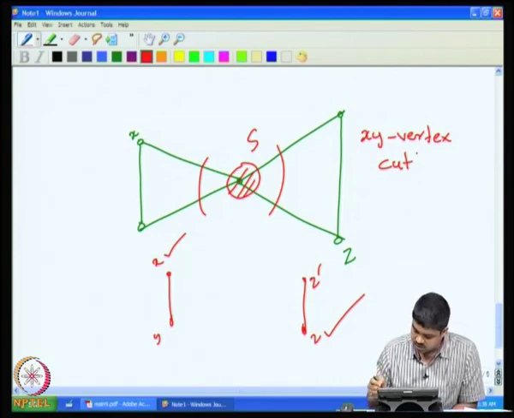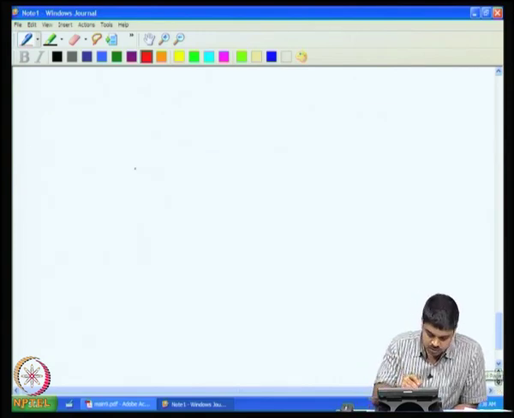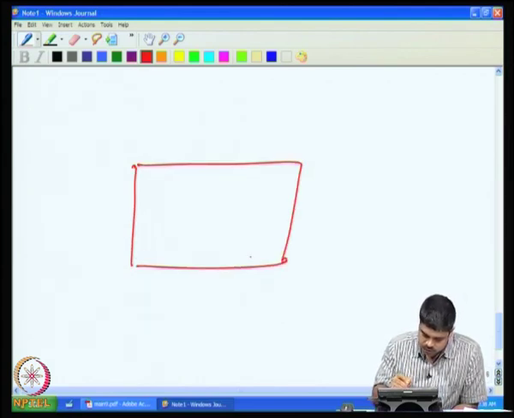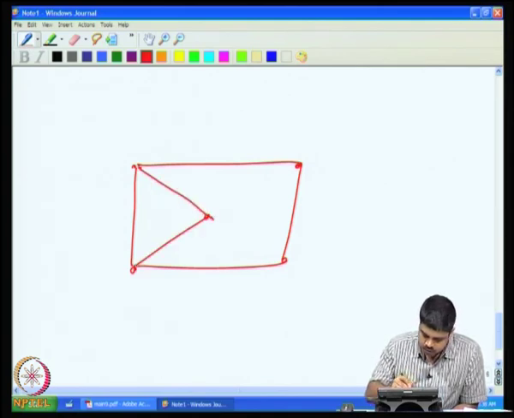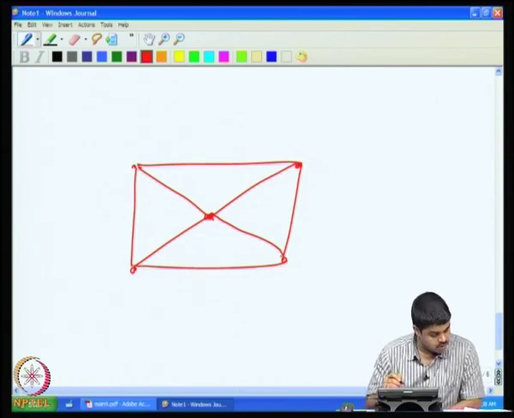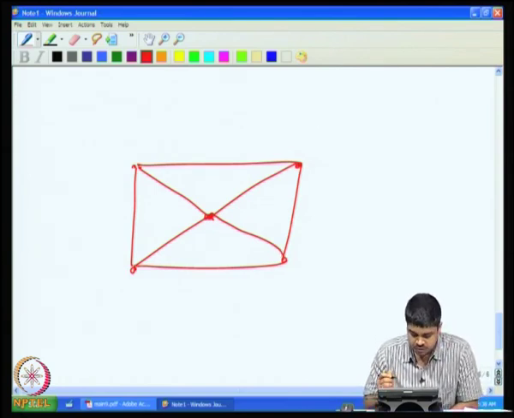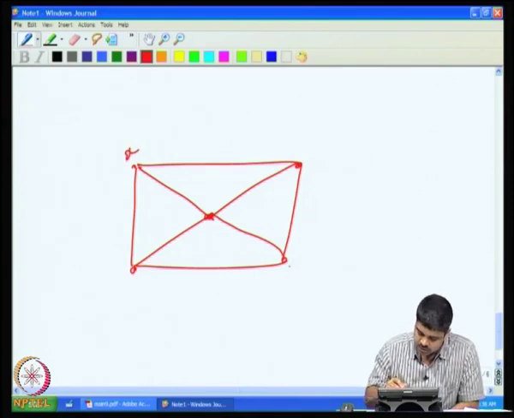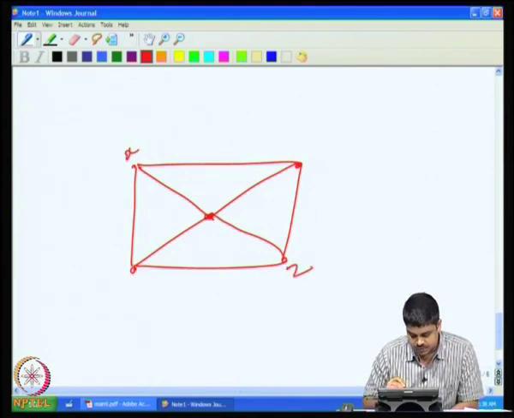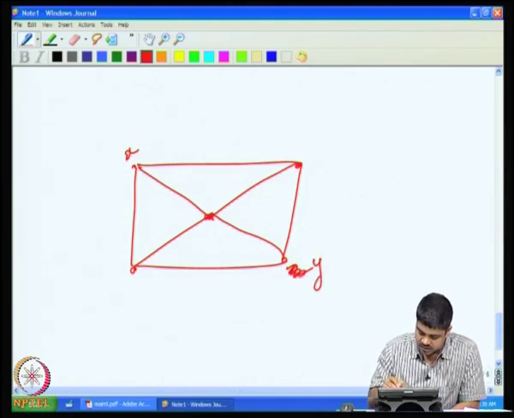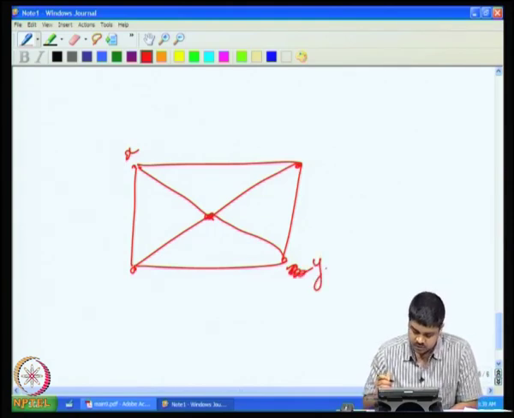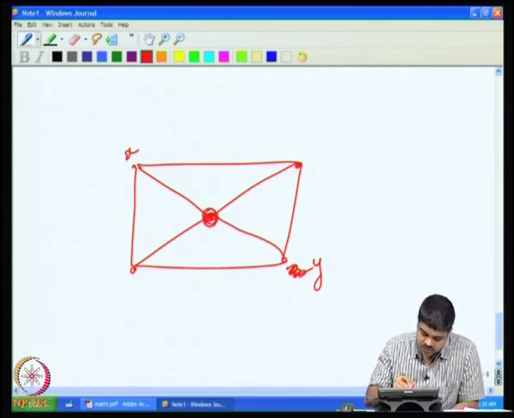Now, I can consider another example. Let us consider this graph. In this graph, if I want to disconnect x from y, then definitely I have to remove this vertex.